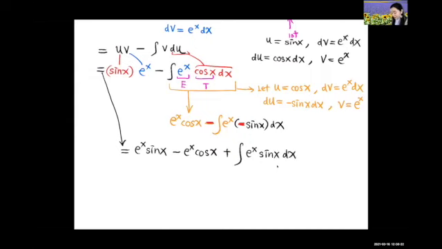Now you think that we're going back in the circle. Look, I get back the integral e to the x sine x right here, right? Now, actually, this is going to be helpful because the integral that we tried to find in the beginning was the integral e to the x sine x.